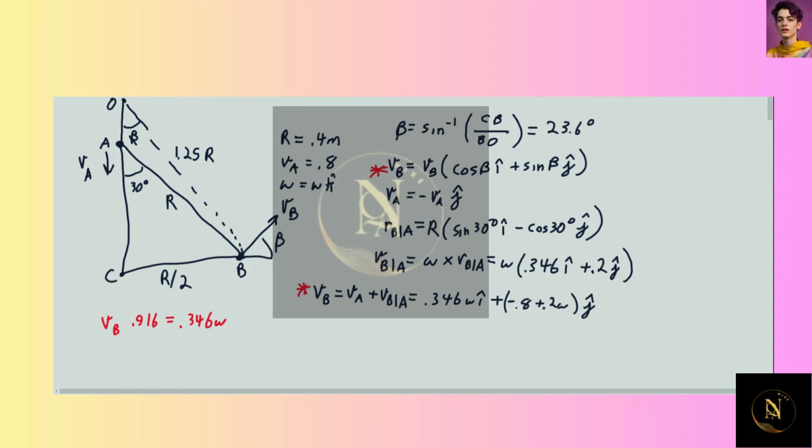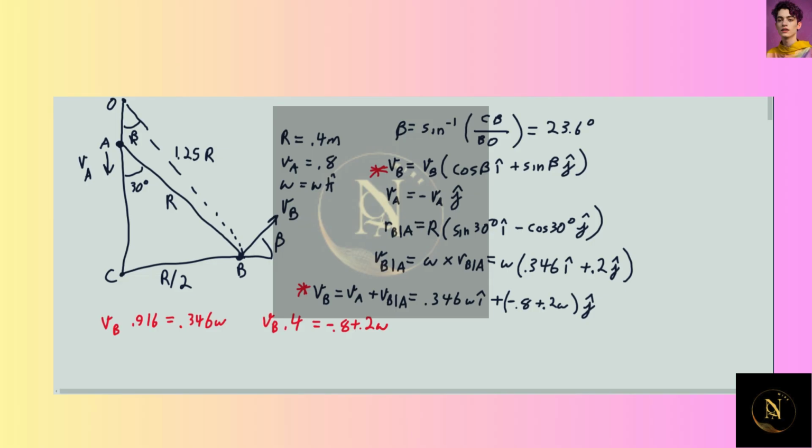We have a similar equation for the j hat portion, so that's VB times the sine of beta, which should give us 0.4, and that has to equal our negative 0.8 plus 0.2 omega from the j hat portion. So we can divide these two equations to solve for both omega and VB.